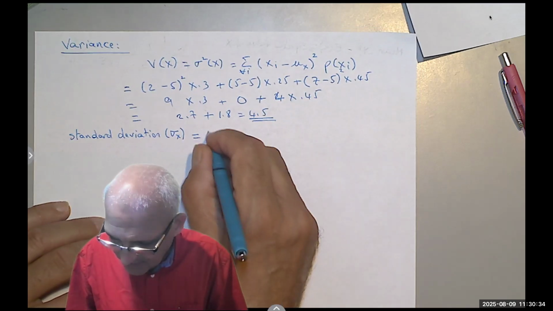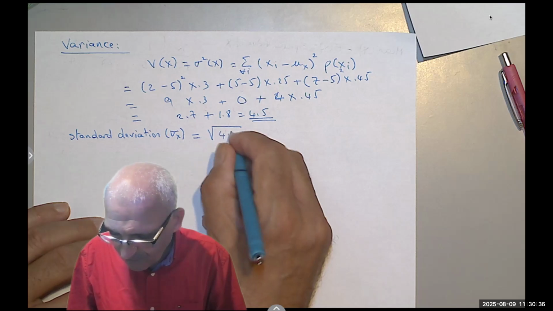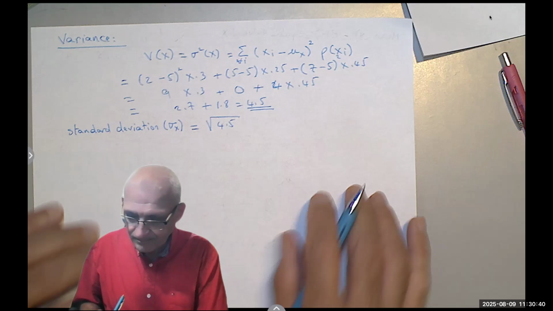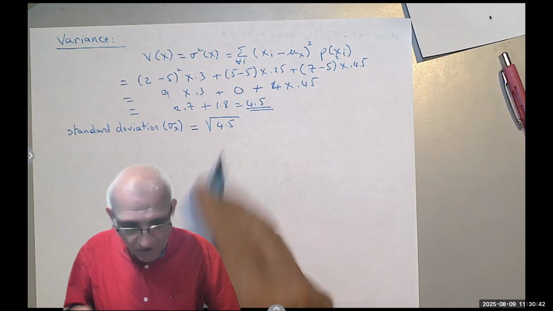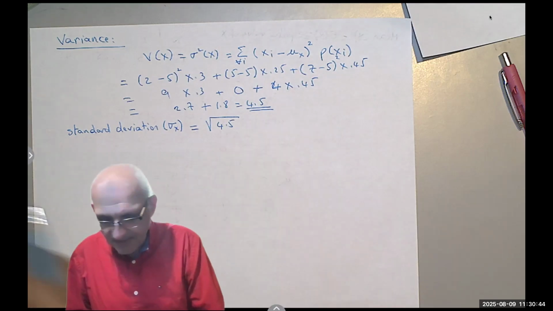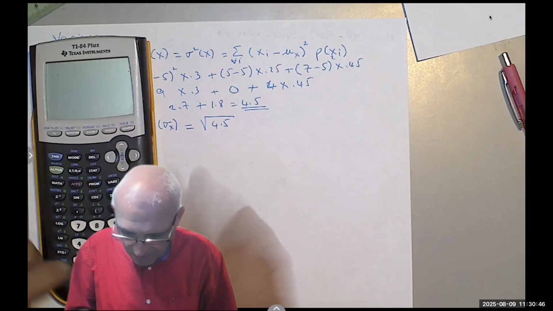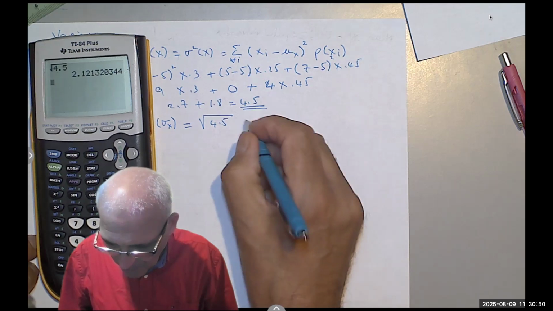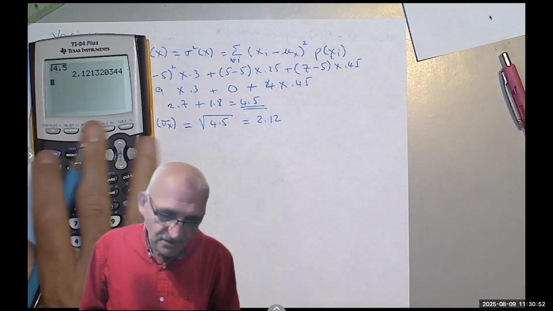It's the positive square root of 4.5. So you can calculate that with a calculator if you want. It's roughly 2.12.